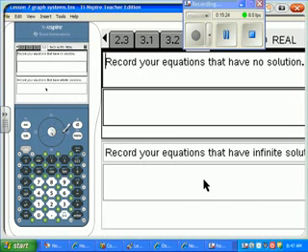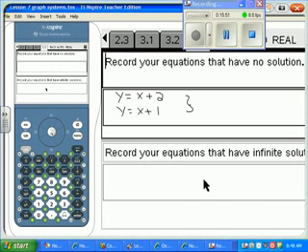Yep, go ahead, John. No, because they would have the same slope. Oh yeah, that's right, sorry. y equals x plus 1, and y equals x plus 2, right? Those would have no solution, and the reason for that was why? They don't intersect, and why is that?